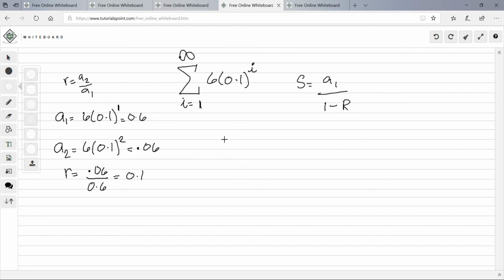We know the first term, which is 0.6, over 1 minus the ratio, which is 0.1. So the top is 0.6 divided by 0.9. And that should give us 0.66 or 2/3. They're the same thing.